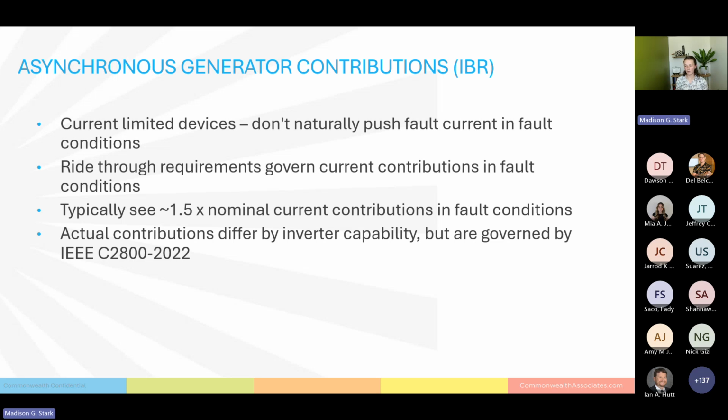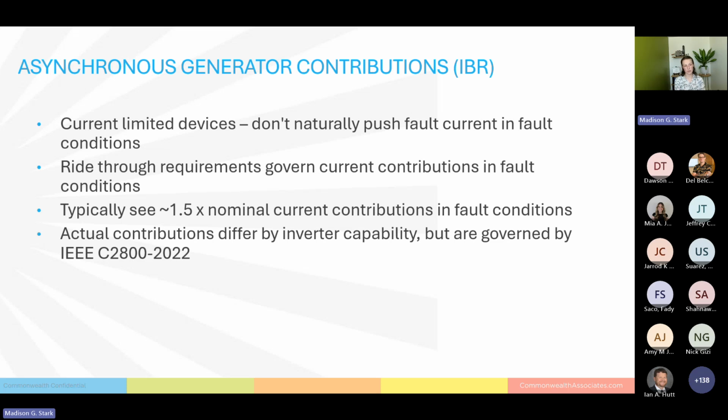These govern how long they have to be operational in fault conditions before they're allowed to trip. A typical inverter can see anywhere from 1.2 up to 1.5 per unit short circuit contributions in fault conditions, typically up to about 30 cycles, similar to the synchronous generator in that time frame.